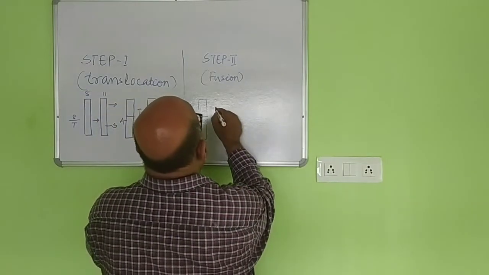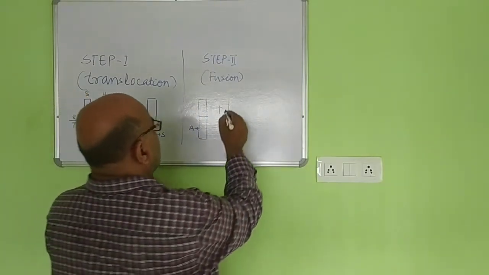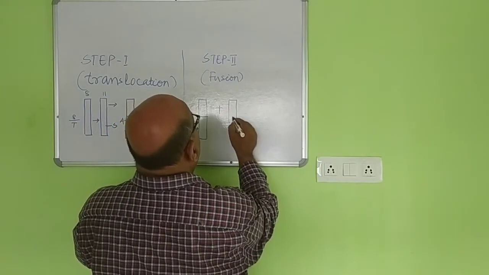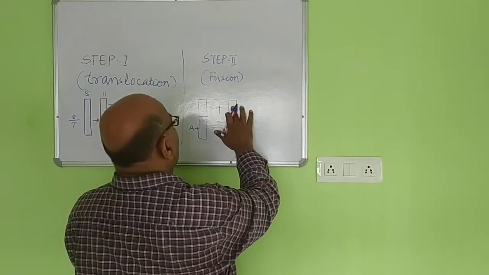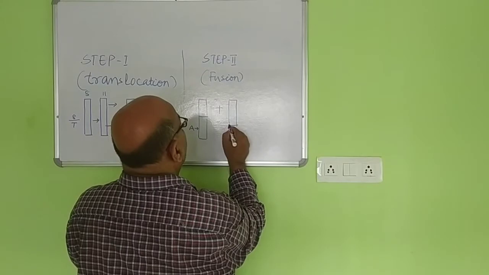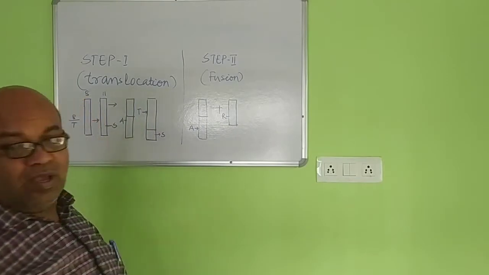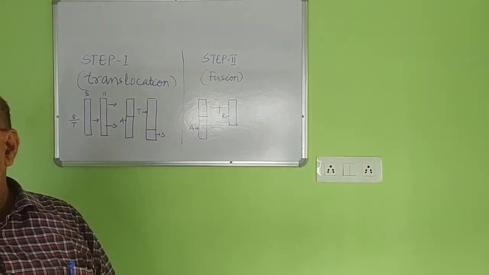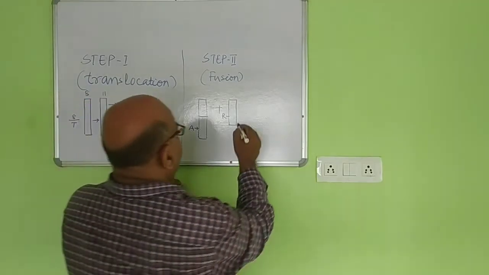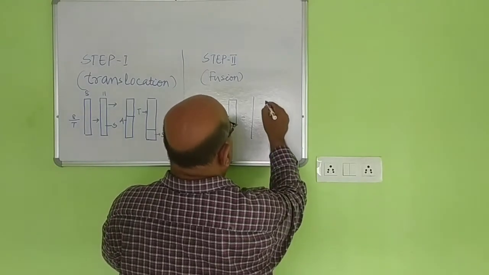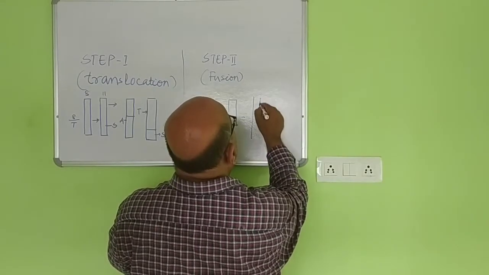Then you find another chromosome, and this is called R. Or you can label it lightly. Okay. Then at the end you find in such a manner the product will be produced.